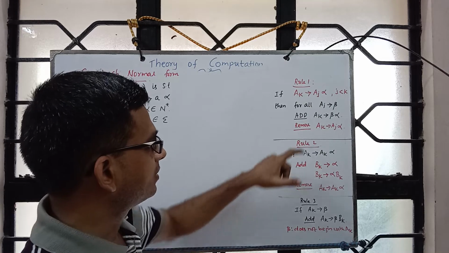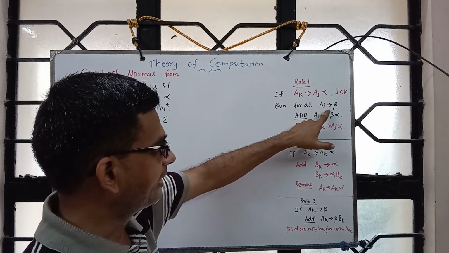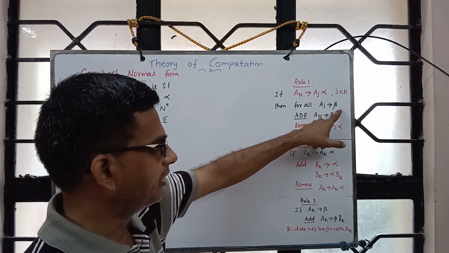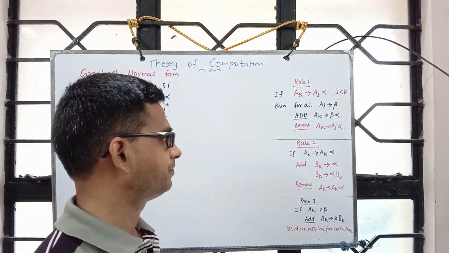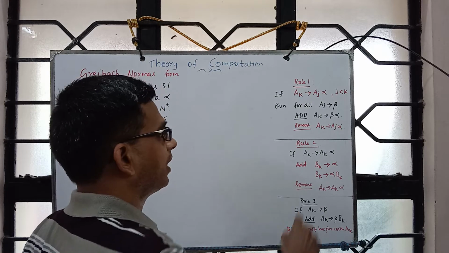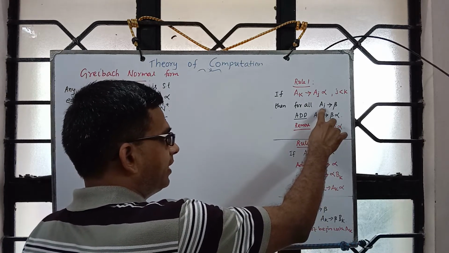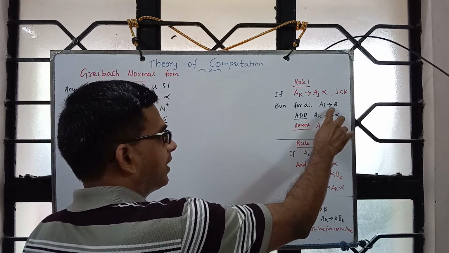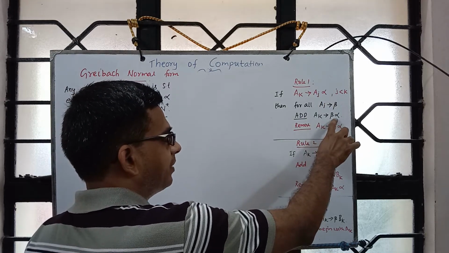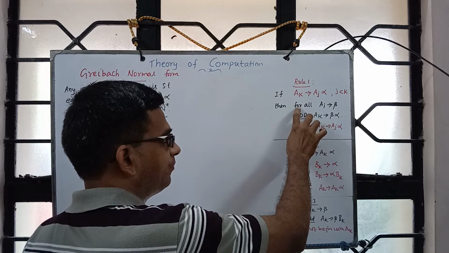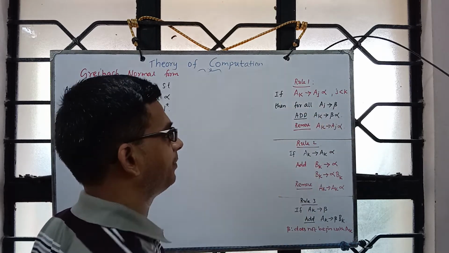Then what it says is for all productions AJ implies beta, where beta is a string over terminals and non-terminals. So beta could be any string. You find a production of this type and substitute over here. AK implies beta alpha. This should be done for each AJ implies beta.